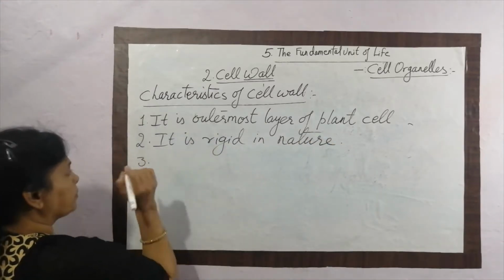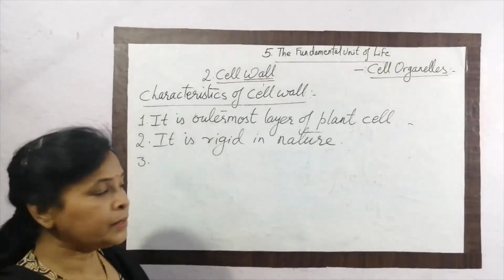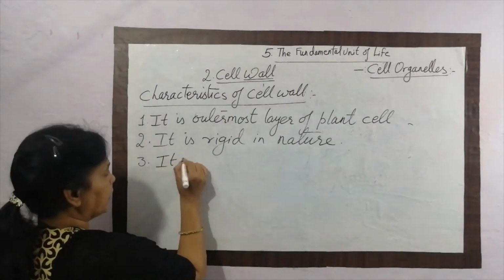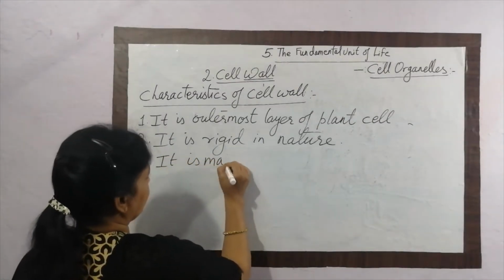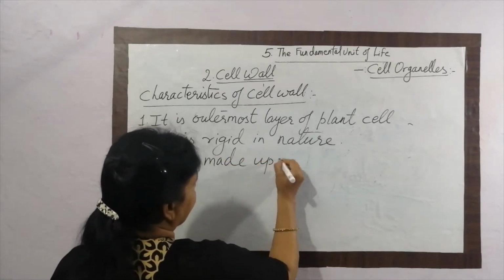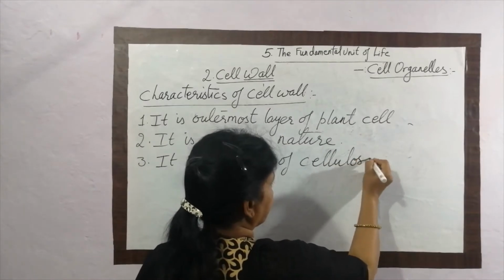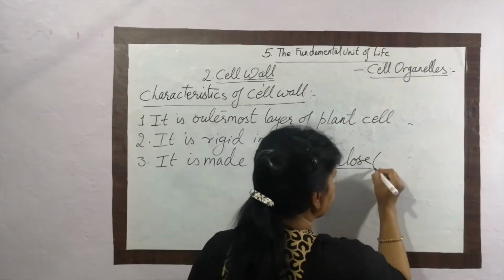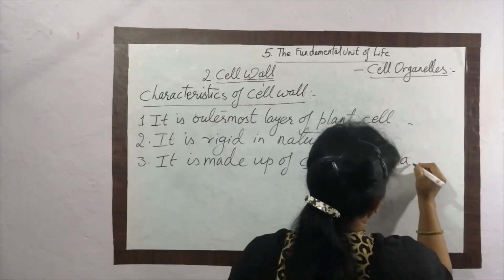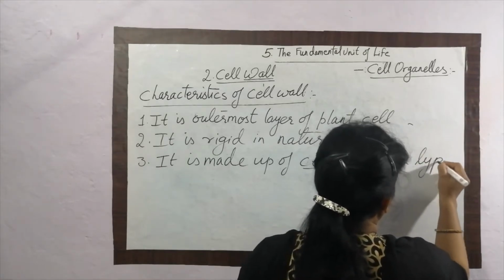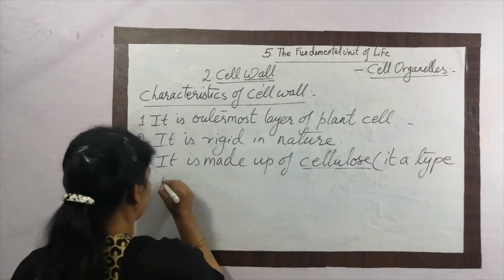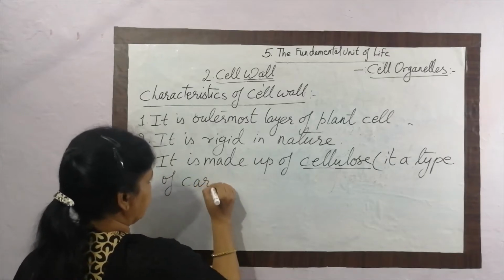Third, it is made up of cellulose. What is cellulose? It is a type of carbohydrate.